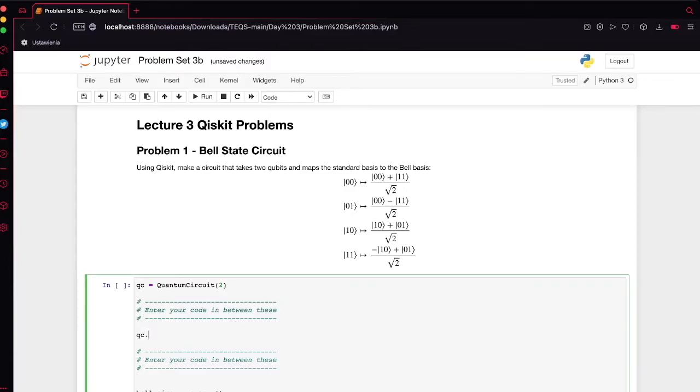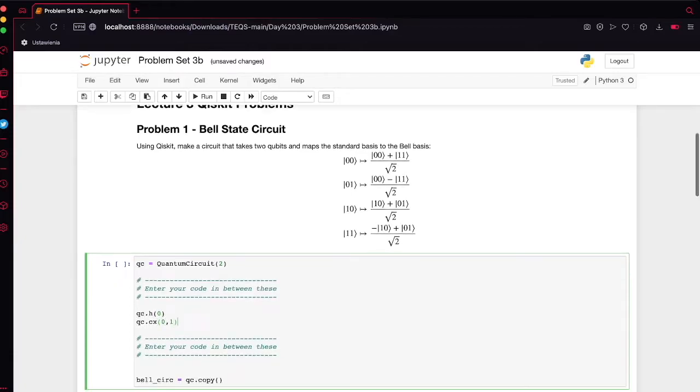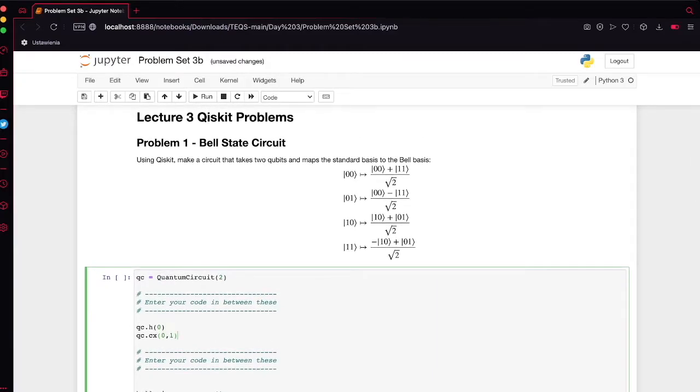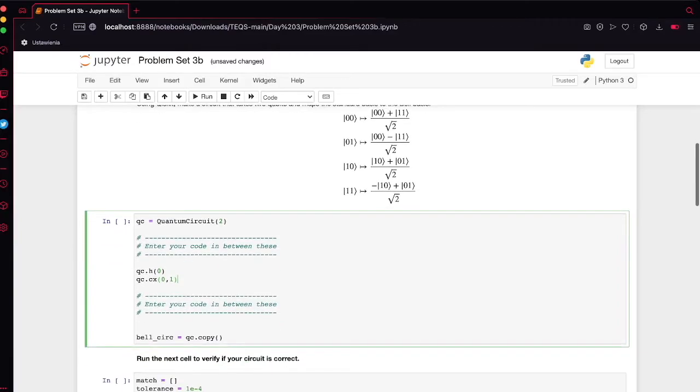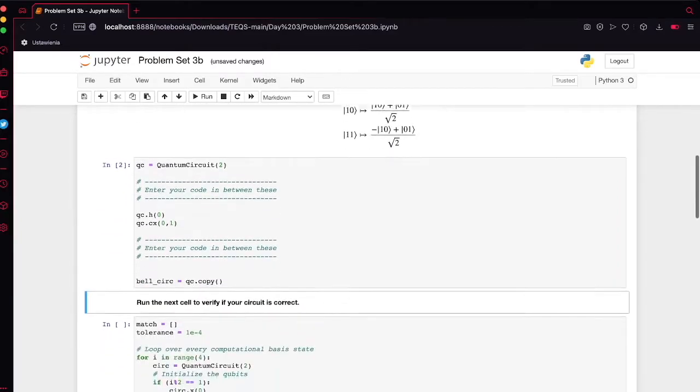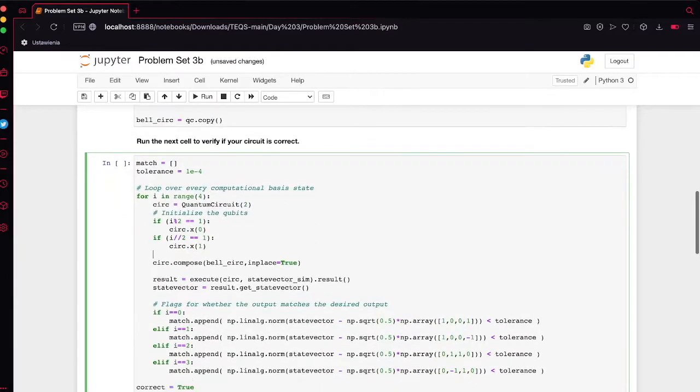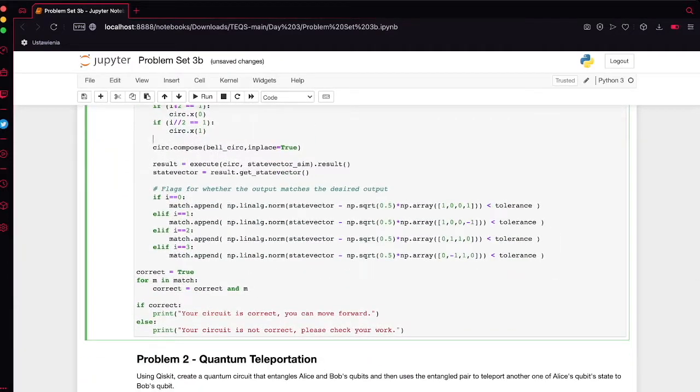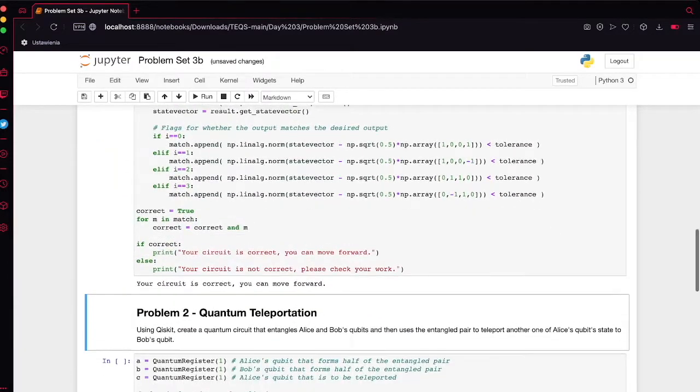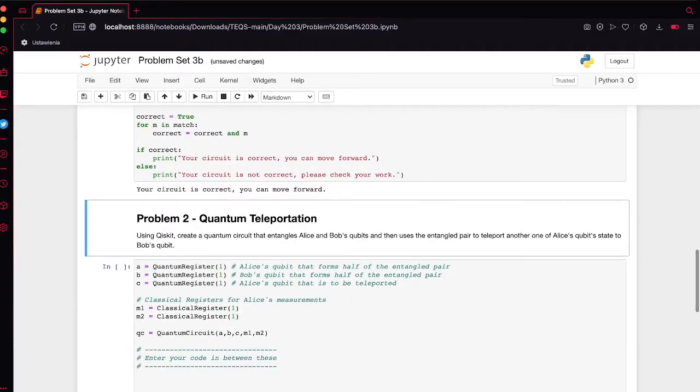So this is, of course, Hadamard on 0 and CX 0 1. And this maps these qubits in the way that 0, 0 goes to phi plus, 0, 1 to phi minus, and so on. And this part of the code will allow us to check whether this answer is correct. Yes, it's correct. We can go on.